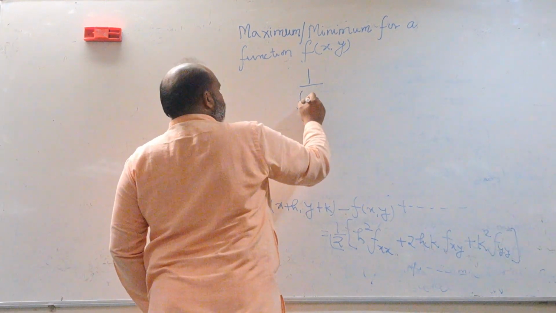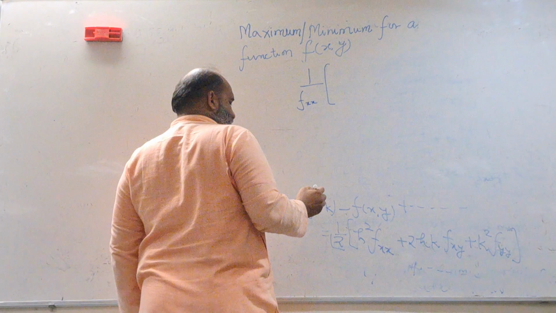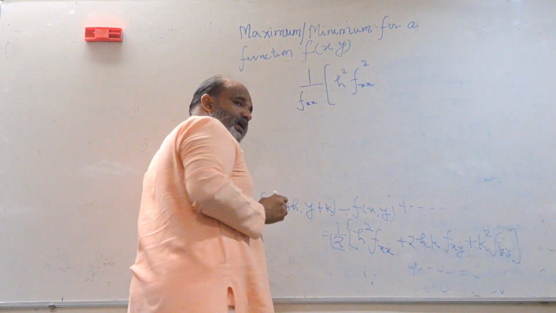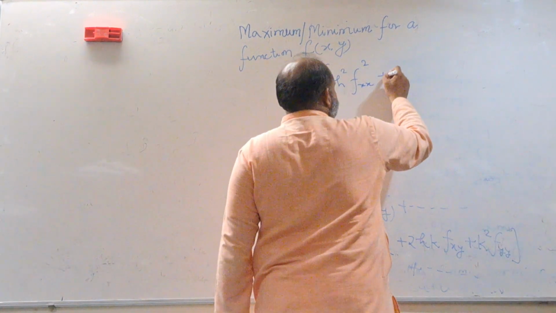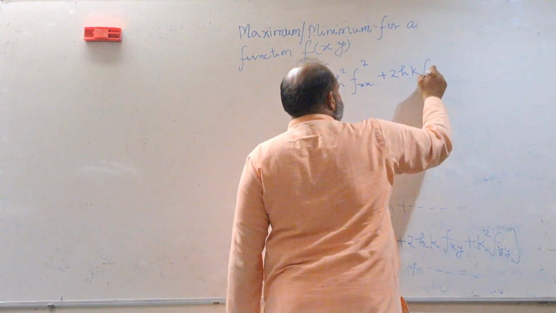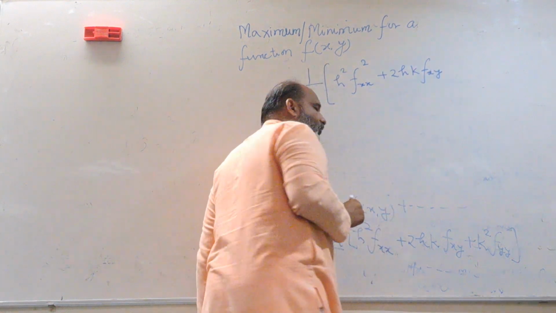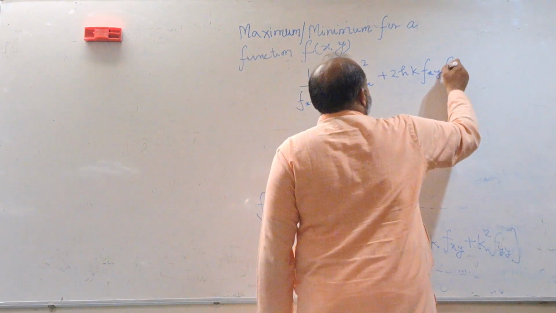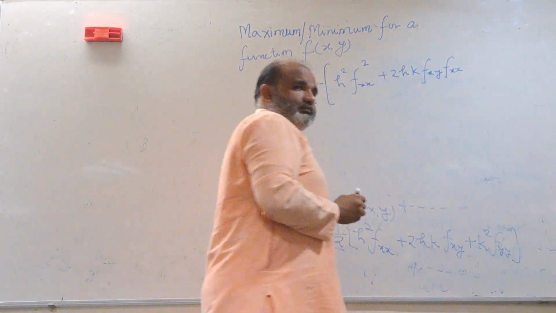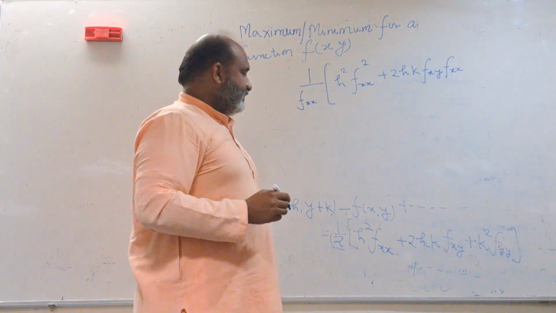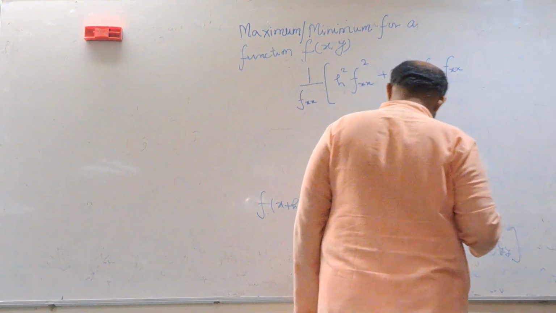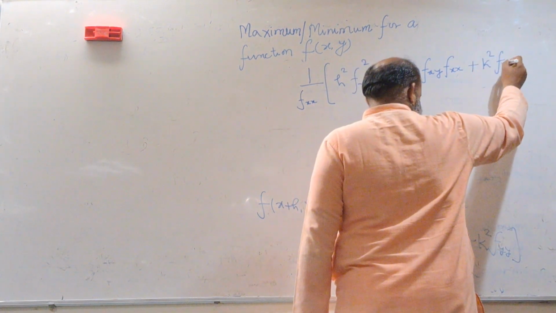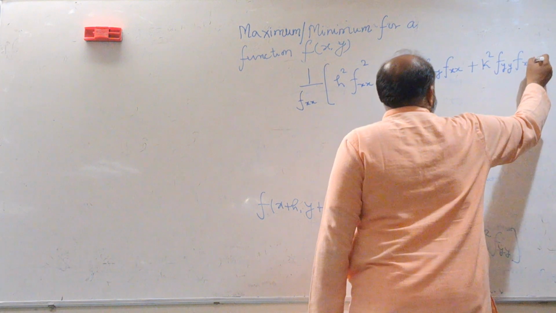So 1/fxx times the bracket: h square fxx square plus twice hk fxy into fxx, right, plus k square fyy fxx.